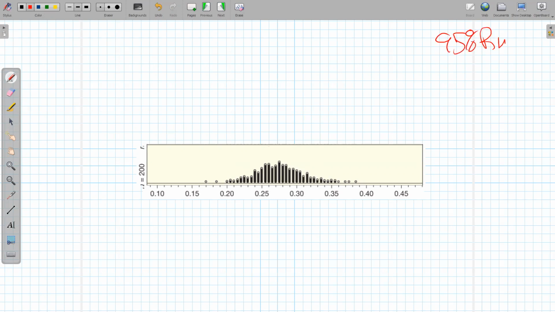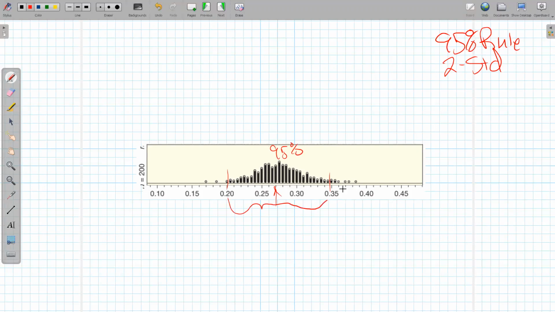So again, the 95% rule is what we're thinking about here, which is equivalent to the 2 standard deviation rule, which means identify where the middle is. So I think the middle is about here-ish. And then I want to find 95% of this data. So maybe that's about here and there. So that is what I think the middle 95% is.